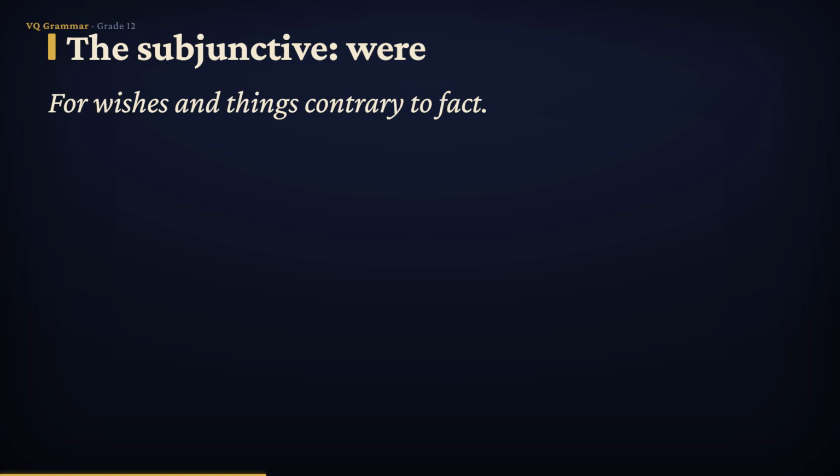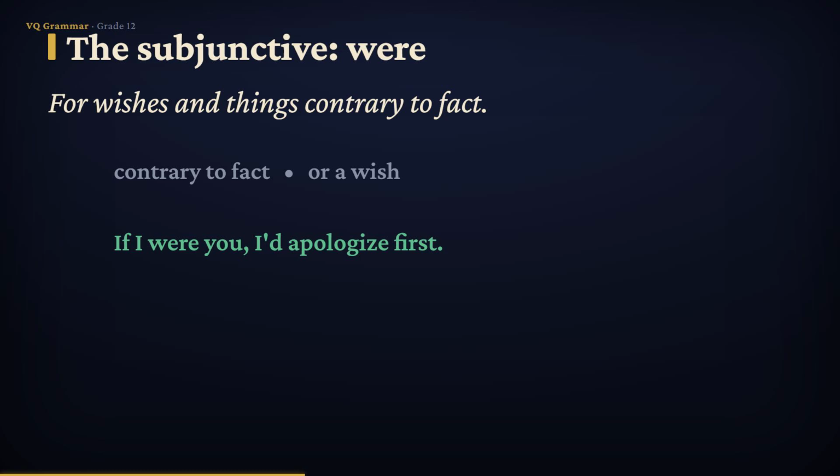Now the tricky one, the subjunctive mood. We'll take it in 2 parts, and this is the first. When you talk about something that is contrary to fact, or you express a wish, English uses a special form, were, for every subject. Listen, if I were you, I'd apologize first.